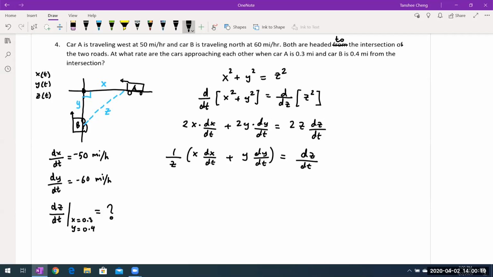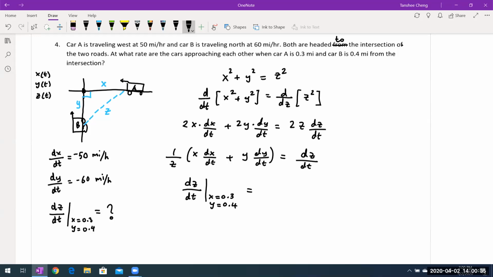So what we are interested in is evaluating this rate of change when x is equal to 0.3 miles and y is equal to 0.4 miles.